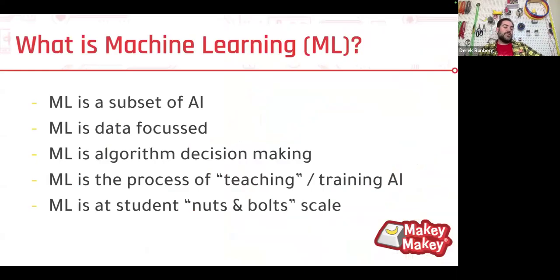So what machine learning is, and this is according to our perspective in exploring this stuff with students, it's a subset of AI. We already talked about that. It is data focused. What I mean by that is it's really good at crunching numbers and it focuses on collecting that data and then making sense of it as an algorithm. So it uses algorithms for us to make decisions.